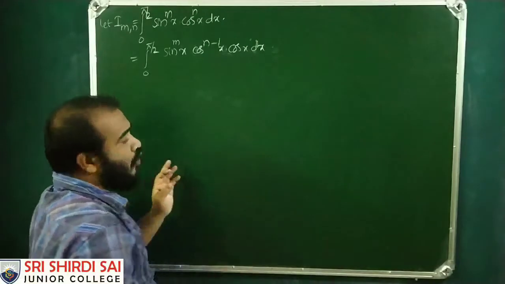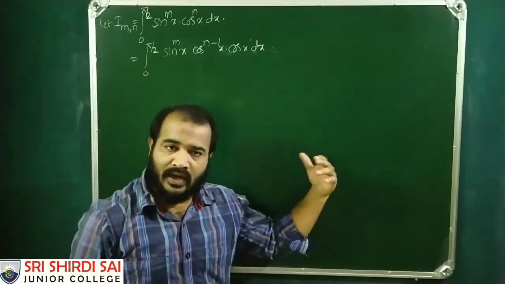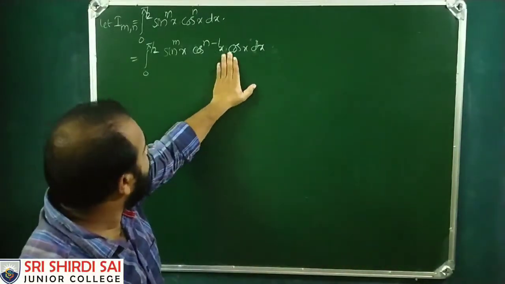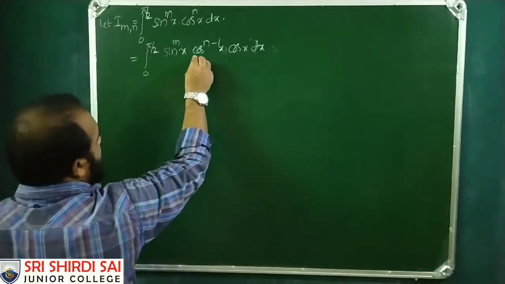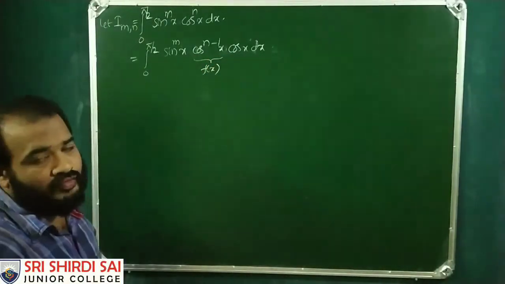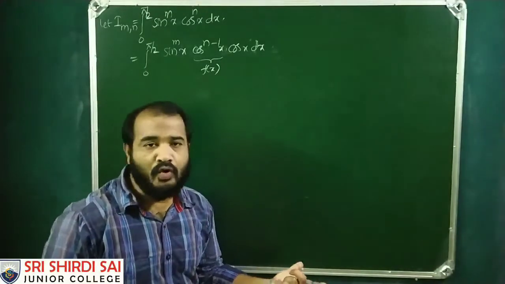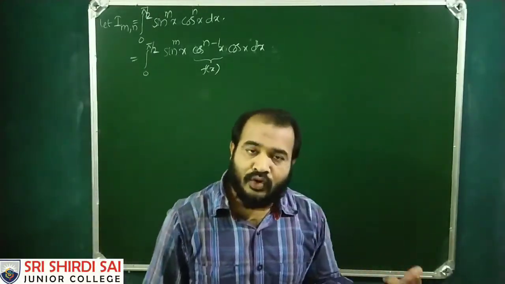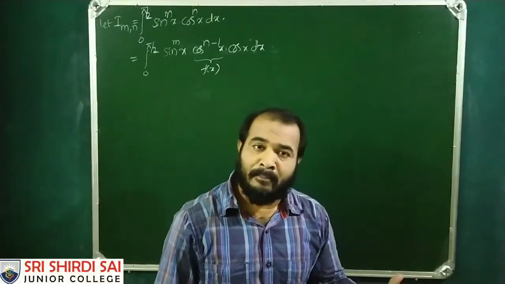You are free to choose any one of them. So let us proceed with this. Here I'll take this to be the first function f of x and the remaining as g of x dx. We know how to do this using integration by parts.